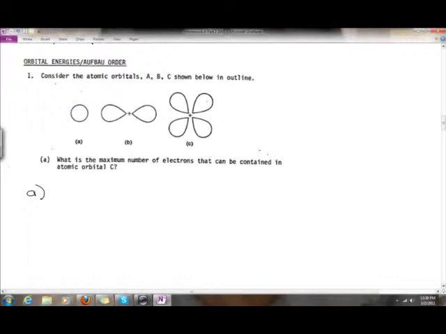So here we got 1, 2 electrons, 3, and 4. According to the shape, this would be a D, because it's between the X, Y, and Z. How many electrons can you fit on a D? You can fit 1 and 2 here.